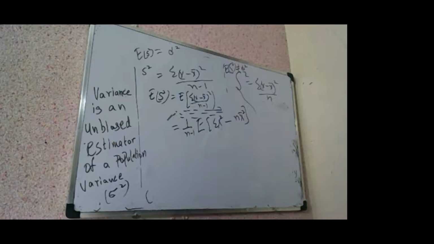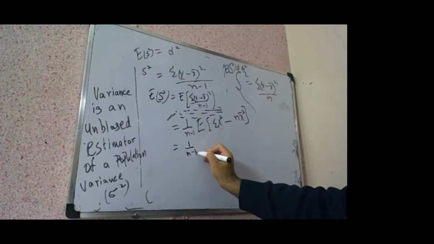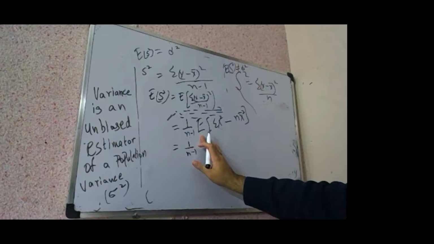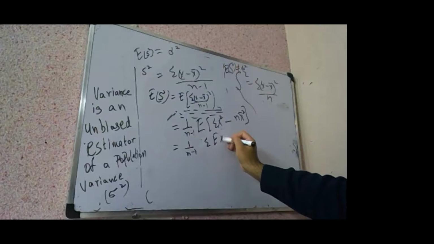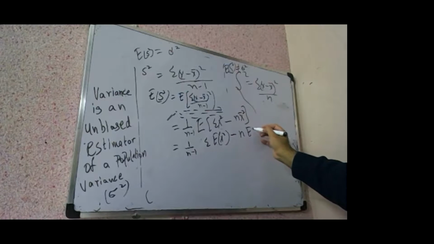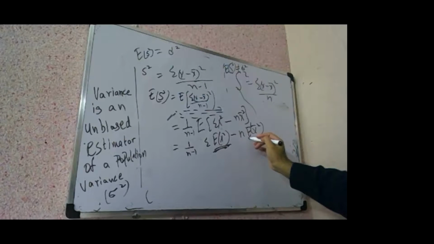We have a numerical value, so we just apply the expectation here. What we will get, the equation will be 1 upon n minus 1 times the expected value, just apply this expectation inside, so we get the sum of the expected value of x here minus n times the expected value of x bar here. Now we need to find out the value of this one and this one.